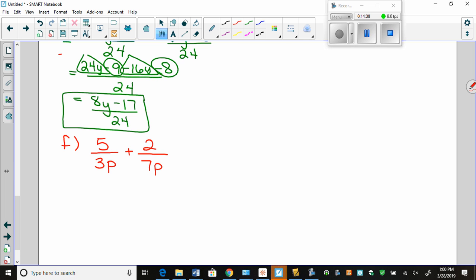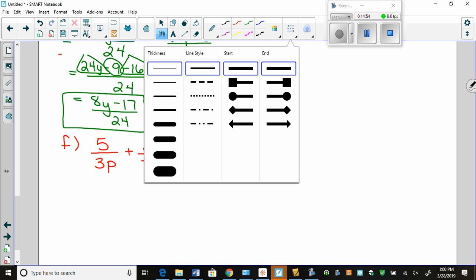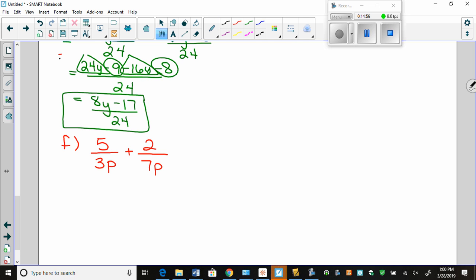The key thing here is we need to decide, are the 3p and 7p attached by plus or minus signs? No. So do they go in their own separate brackets or one whole bracket? Separate brackets. So we're going to do that first, by putting your denominator in proper brackets, it will help you for common denominators. So we're going to go 3p, 7p.